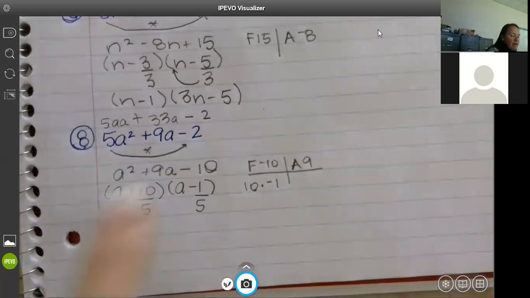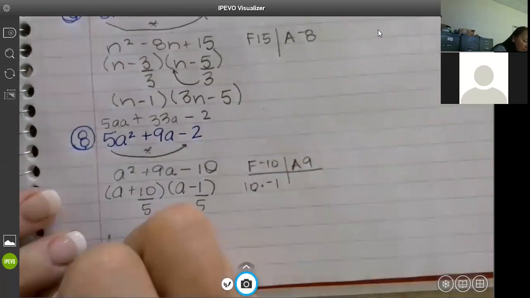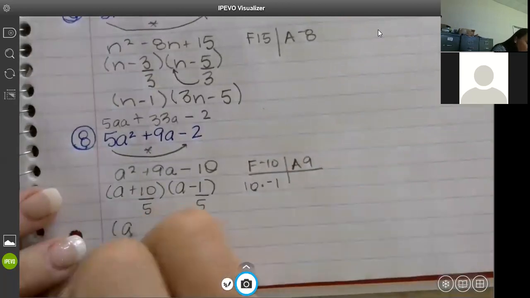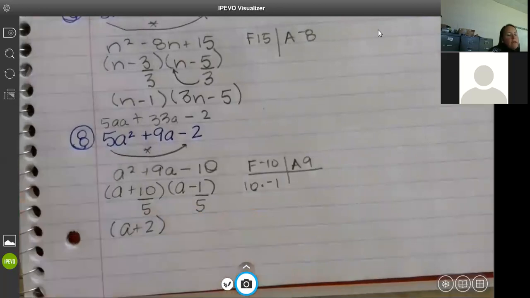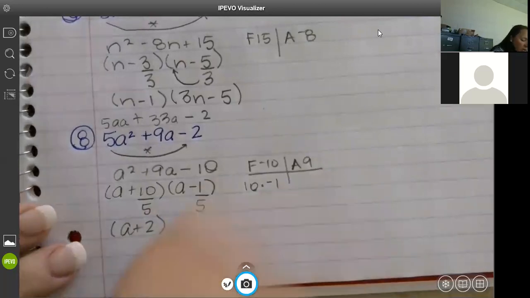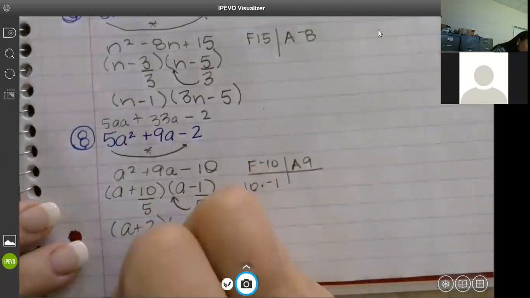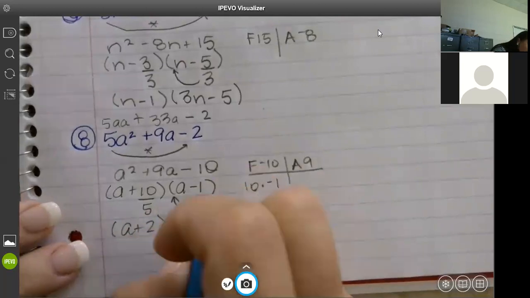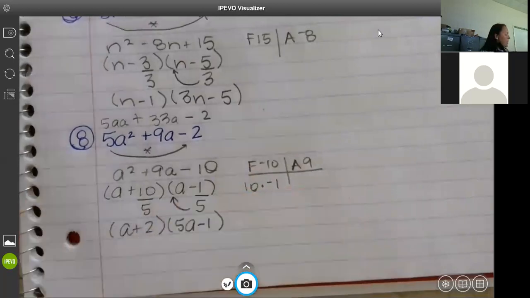What is 10 divided by 5? Whoop, 2. So your first factor is A plus 2. Again, 1 over 5 will not reduce. You can check that in your calculator. So we're going to slide the 5 to the front and get 5A minus 1.